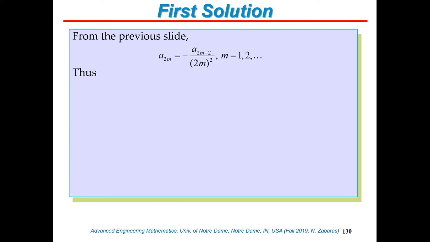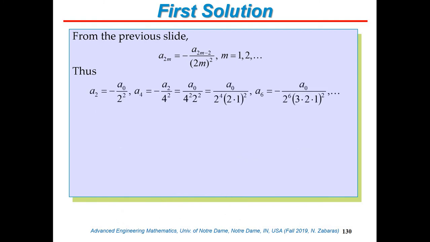This recurrence equation can be applied to get us the coefficient a2, and then a4 in terms of a2. If you plug in a2 from here, you can get a4 in terms of a0 and a6 in terms of a0. And eventually, you get this wonderful formula that gives you a_(2m) in terms of a0.